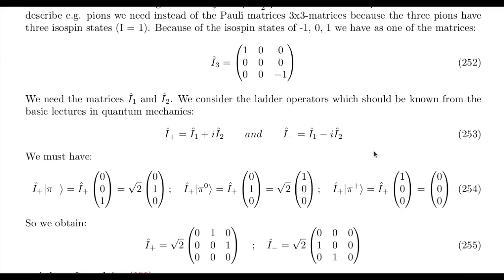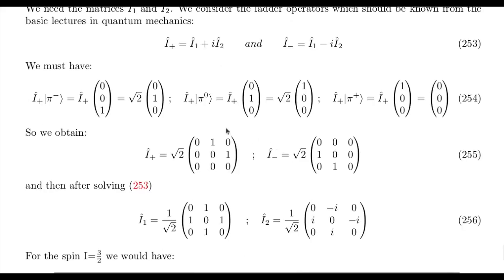We can write in analogy these 3 equations for the I minus operator. And then we can write for the ladder operator, I plus is then the normalization factor, and then we get this, because if we multiply here this vector with the second row, then we must get value 1 here.